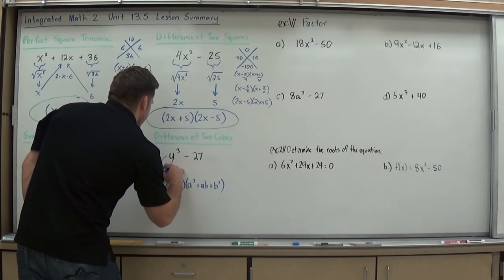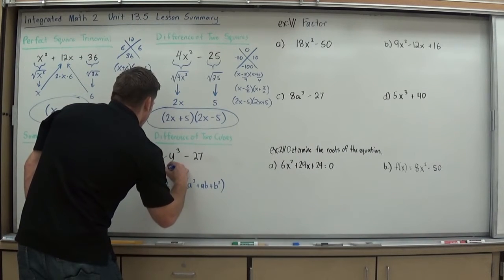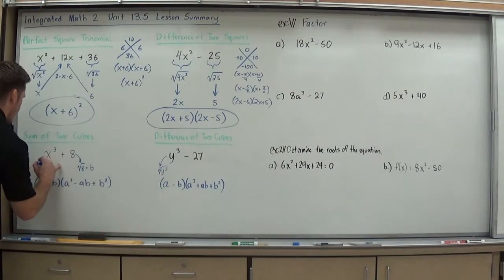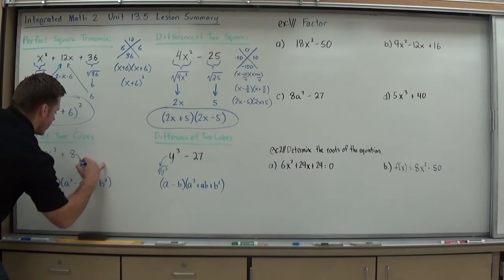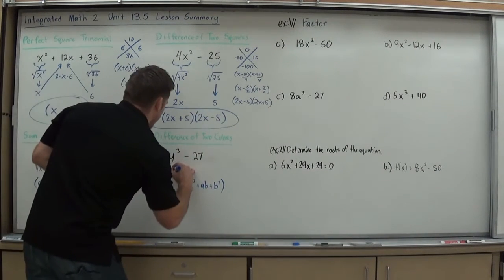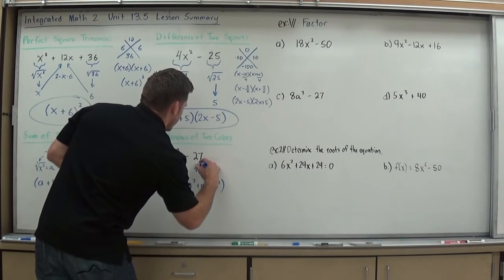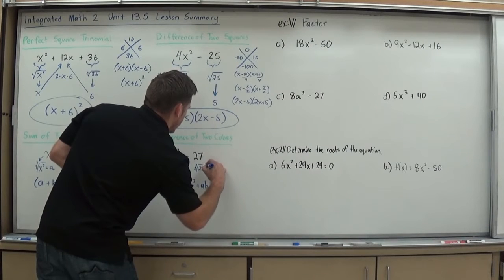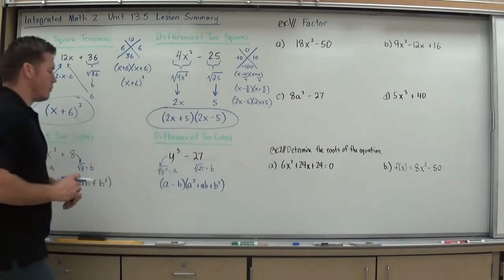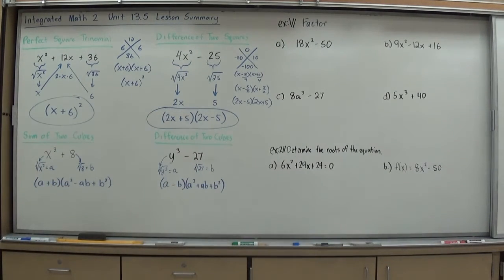I take the cube root of y cubed, I'm sorry, I forgot to put the root symbol on those. Cube root of y cubed equals your a, and the cube root of 27 on this one becomes your b. And so as long as they're perfect cubes and those can cube perfectly into a solid number, you're good to go. And you just write it into the pattern.